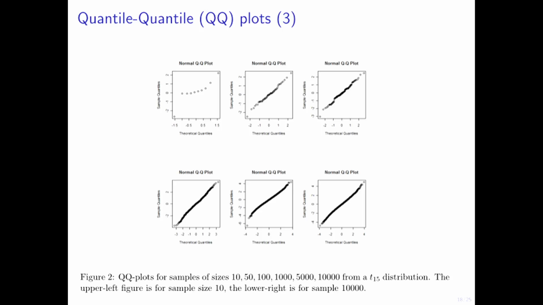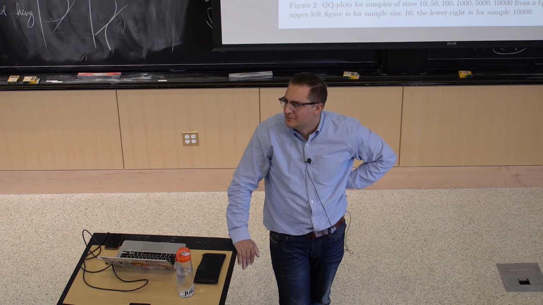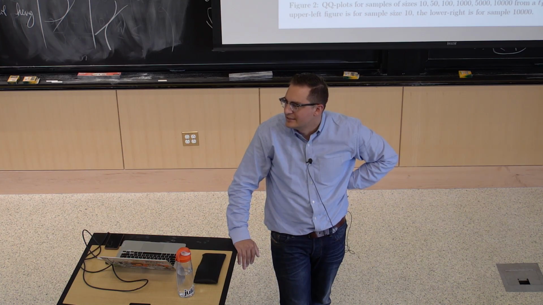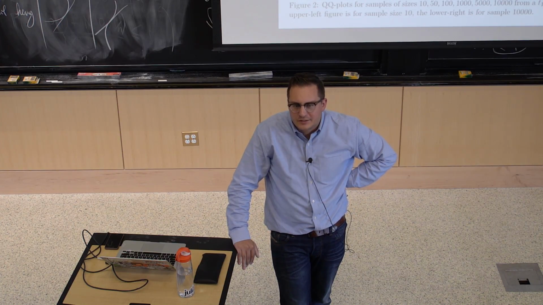If I take this line going through here, I can see that this guy is tipping here and this guy is dipping here. But honestly, I can't remember exactly, but T15, if I plotted the density on top of the Gaussian, you can see a difference. But if I just give it to you, it would be very hard for you to tell me if there's an actual difference between T15 and Gaussian, right? Those things are actually very close. Here, we're really trying to recognize what the shape is.